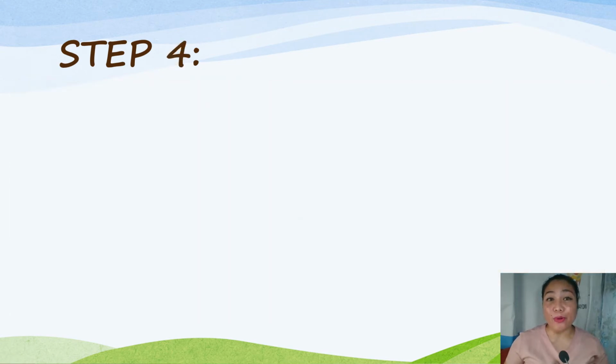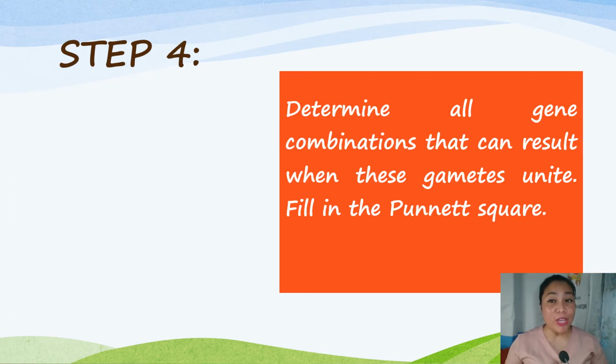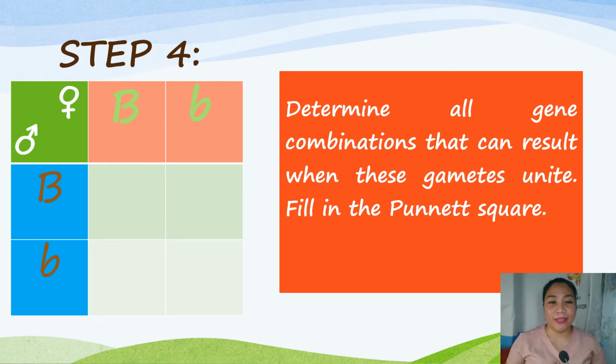For step number 4, let us determine all the gene combinations that can result when these gametes unite. Let's fill in the Punnett square. Big B cross with big B equals big B, big B. Small b cross with big B equals big B and small b.